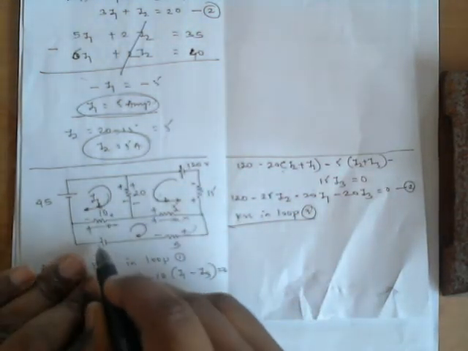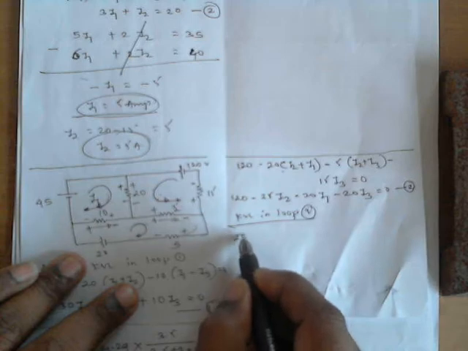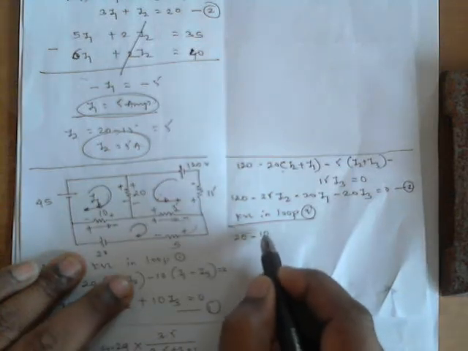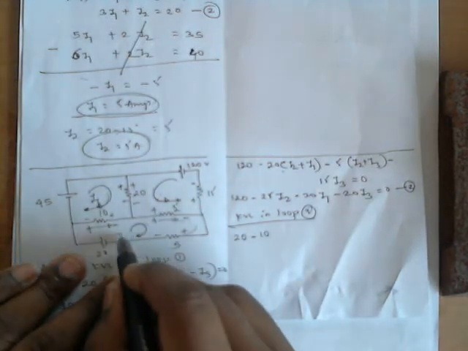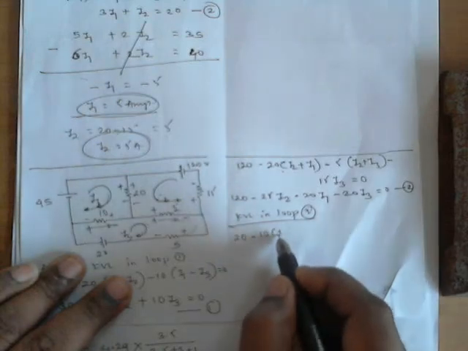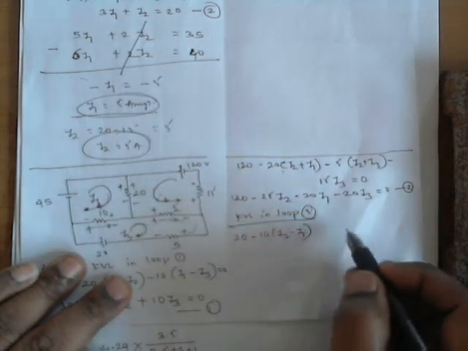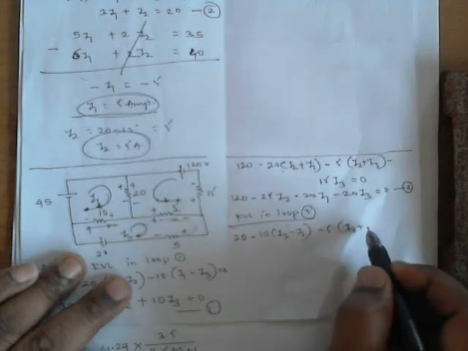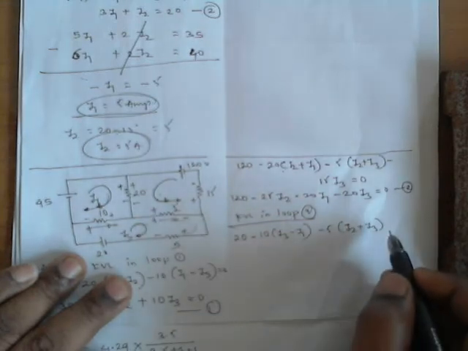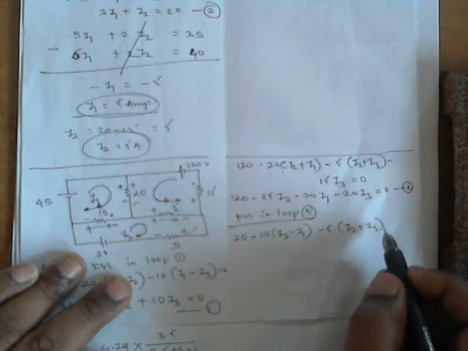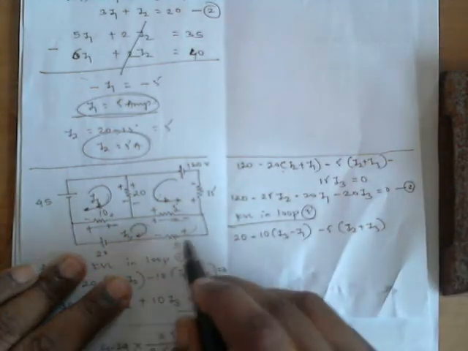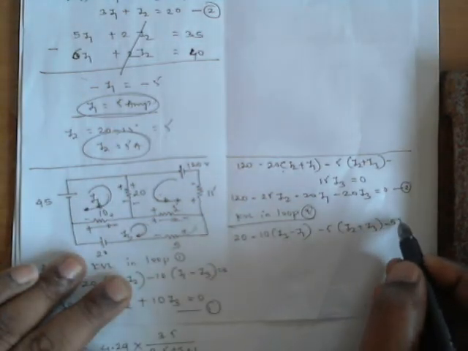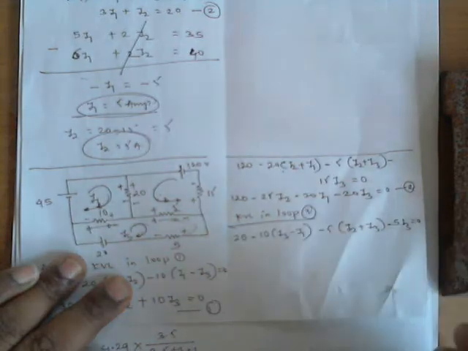We'll start from here. So 20 minus 10, now this current is bigger, assume this as bigger, (I3 minus I1), minus 5, these currents are in the same direction, (I2 plus I3), and minus 5 I3 equal to 0.